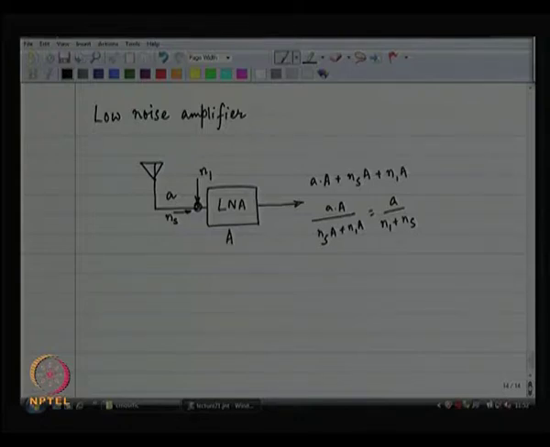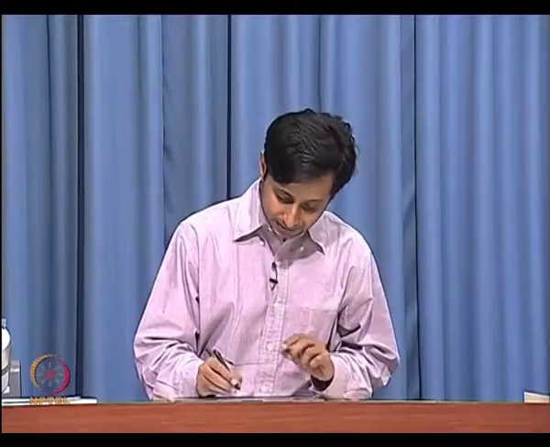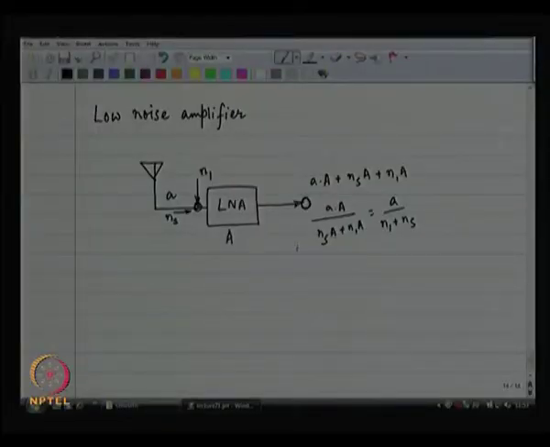So, what I am trying to do over here is make sure that A is a large number, so that if I add further noise because of my subsequent systems, that further noise becomes irrelevant to me.